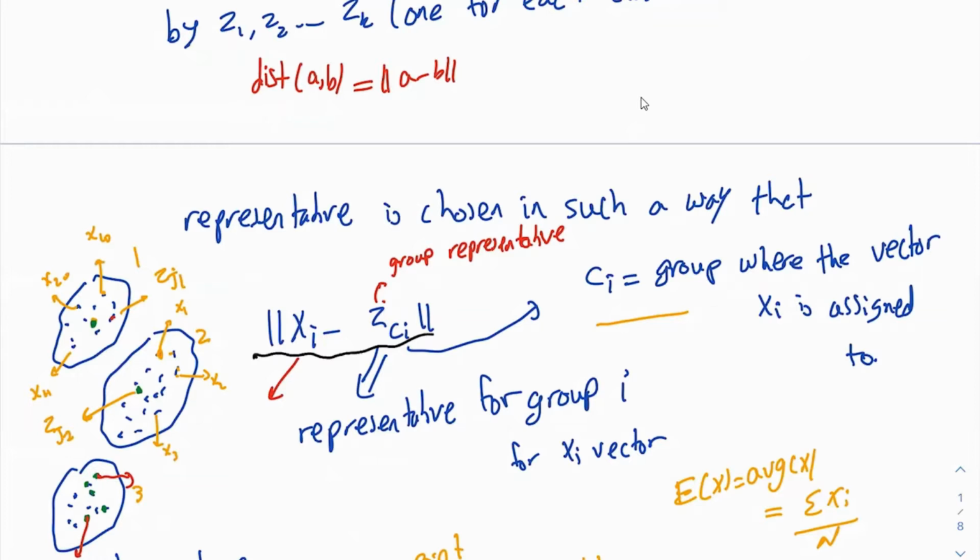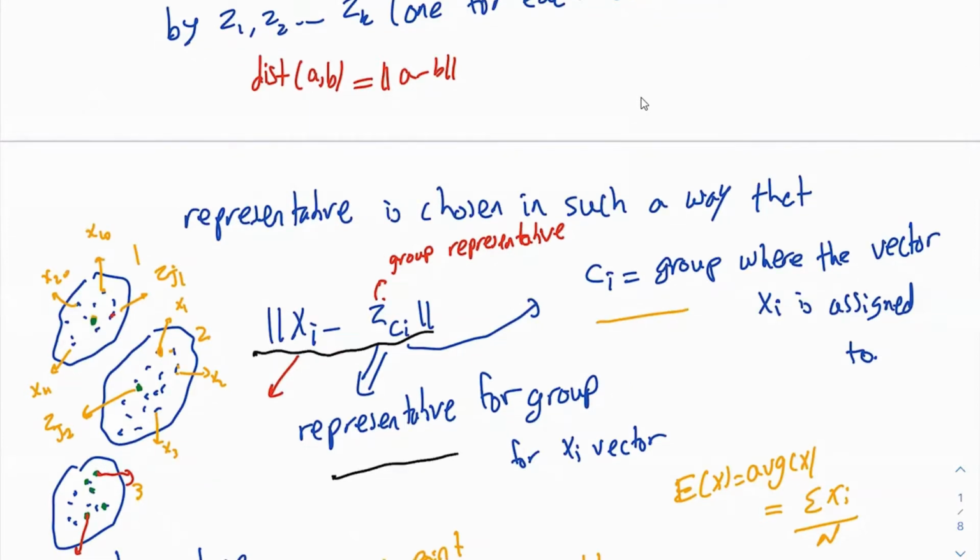If the data point xi was in cluster 3, then ci would be 3. Okay, good. So in a sense, this z_ci is defined as the representative for the vector xi.